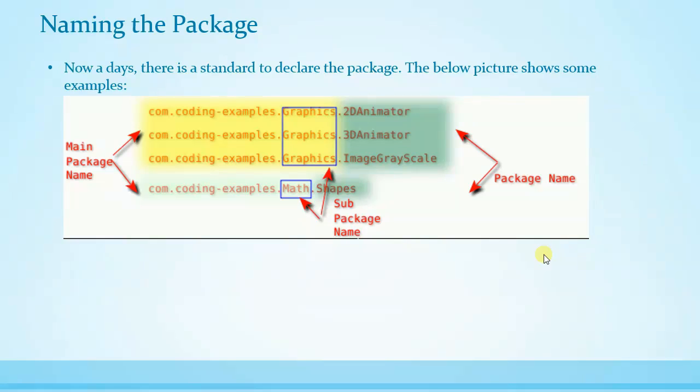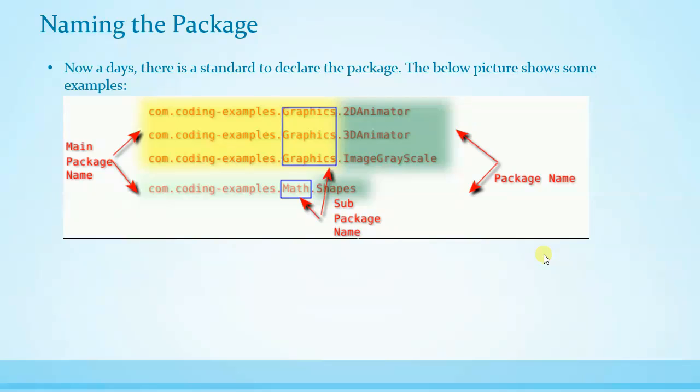For example, a graphics package can be created by company X, company Y, and organization Z. Since the reverse name of their website comes first, we won't get a name collision for the graphics package itself. That's why the very first part should be the reverse order of the website name.